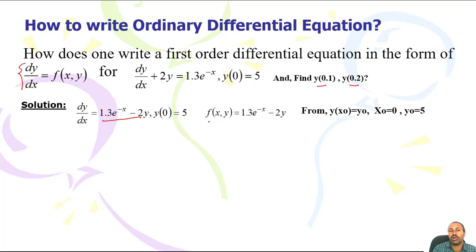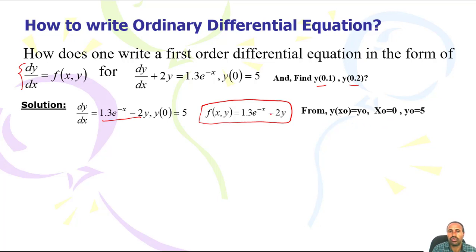Then you get f of x, y according to the working rule, which is very important. Then from y of x naught is equal to y naught, which is the initial condition, x naught is 0.